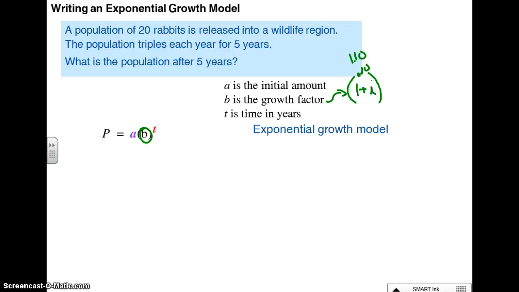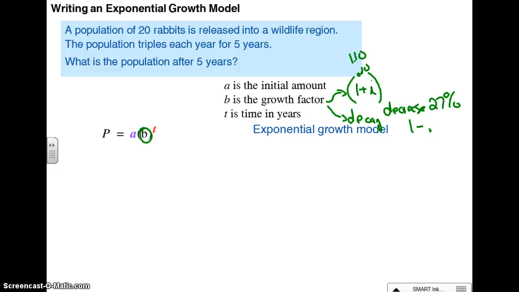So if you were not growing but decaying, so if your rabbit population was getting eaten too much and it was decreasing by 27% every year, then you wouldn't have a 1 plus, you'd have a 1 minus the amount.